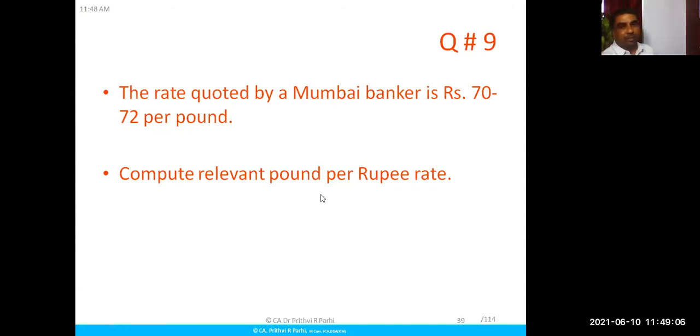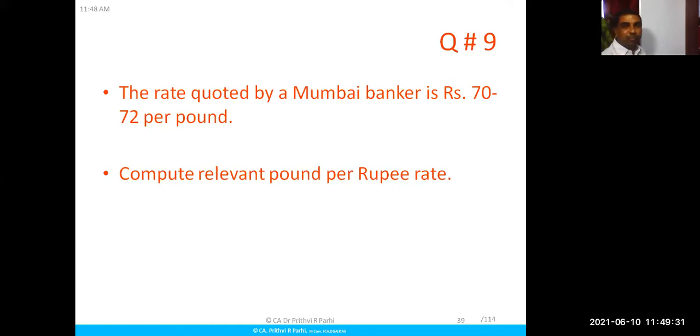The question is, please read it: the rate quoted by a Mumbai banker is rupees 70-72 per pound. Compute the relevant pound per rupee rate.